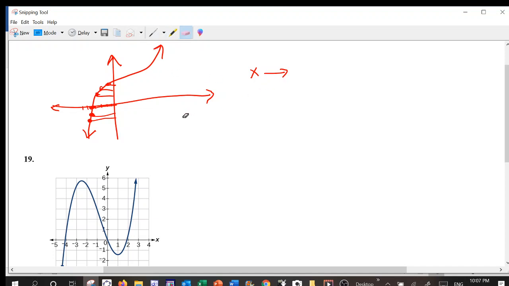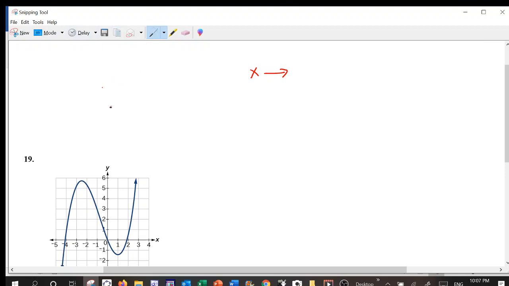Now, what about if a function is, let's say, decreasing, like this. So if you have a function that increases and then decreases and increases again, right?